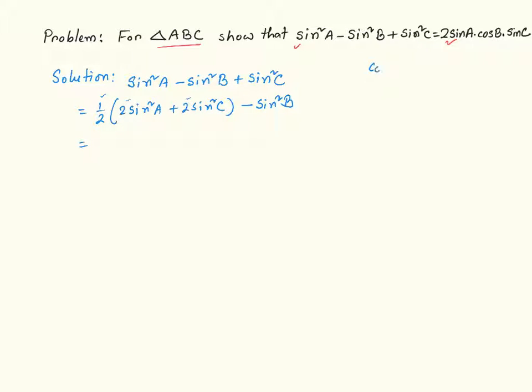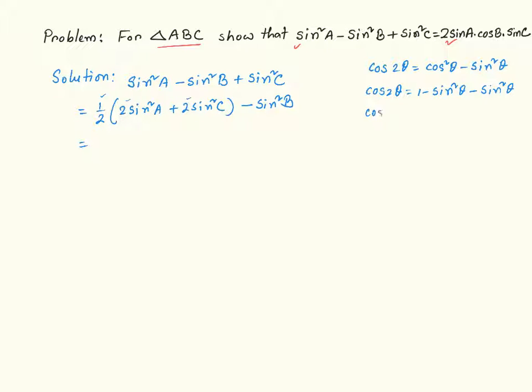So cosine of 2 theta is equal to cosine square of theta minus sine square of theta. Okay, and from that one we can do the following: cosine of 2 theta is equal to cosine square of theta, I can write it as 1 minus sine square of theta, minus sine square of theta.